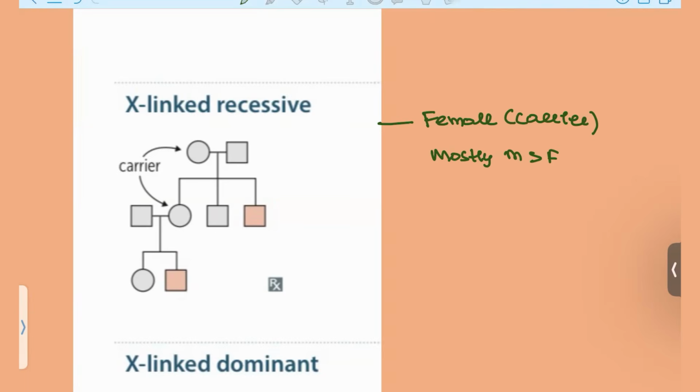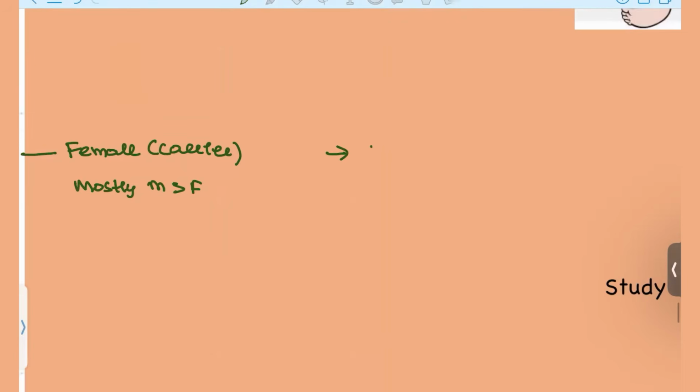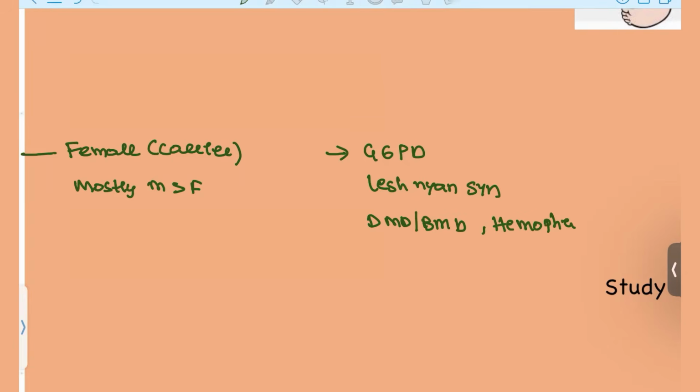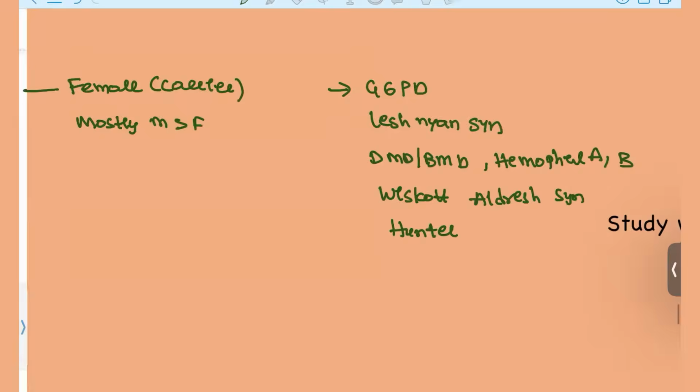Examples are G6PD deficiency, Lesch-Nyhan syndrome, Duchenne muscular dystrophy or Becker muscular dystrophy, hemophilia A and B, and Wiskott-Aldrich syndrome. And remember, Hunter syndrome is also X-linked recessive.